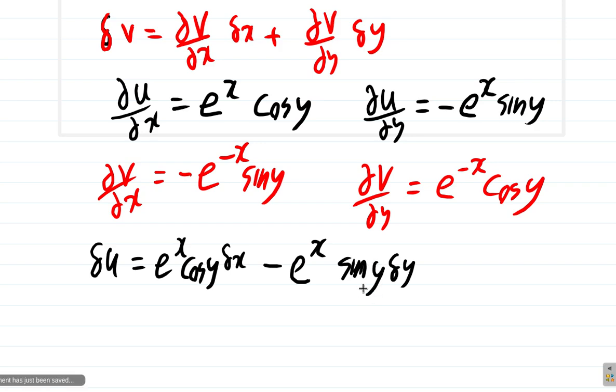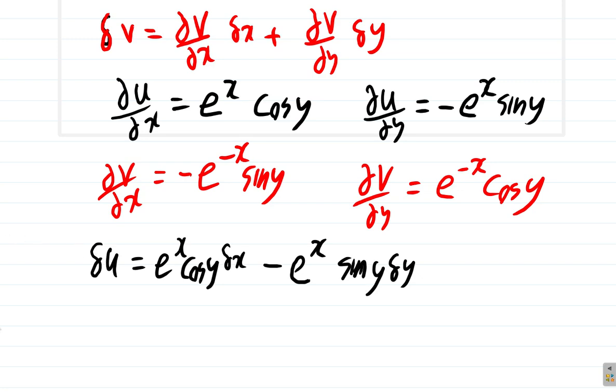Alright, so what we have there is that the small change in u is equal to e to the x cos y del x minus e to the x sin y del y. Good.